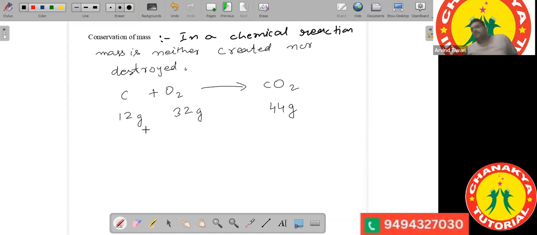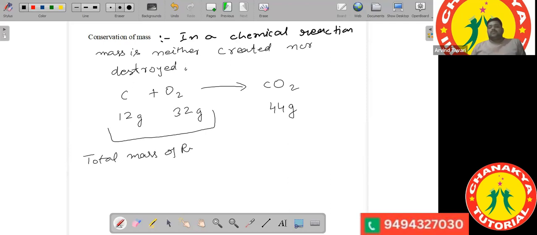Okay. Carbon is 12 gram, oxygen is 32 gram. So the total mass of the reactants is 44, and therefore the total mass of the product will also be 44.